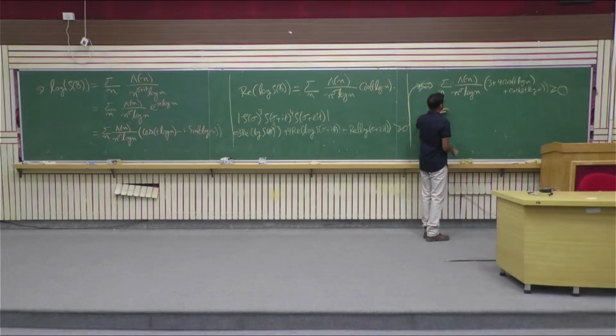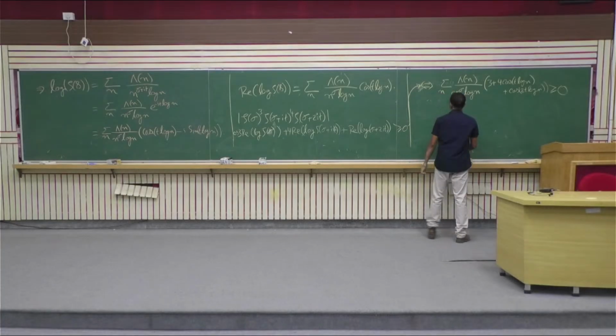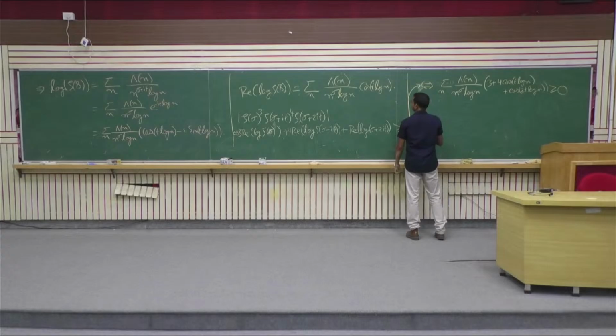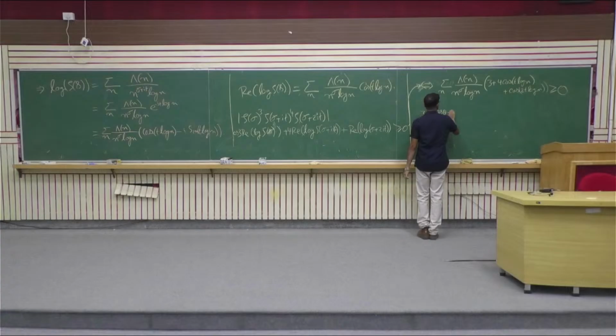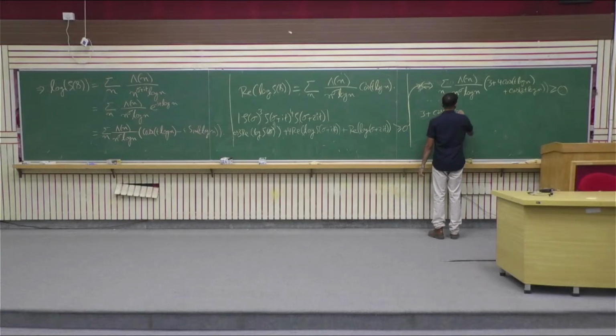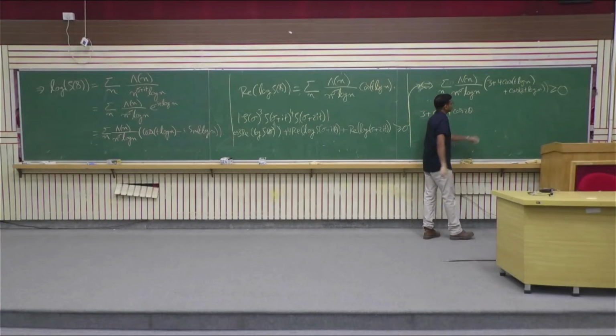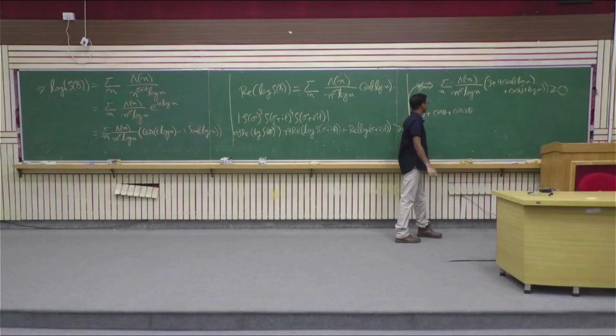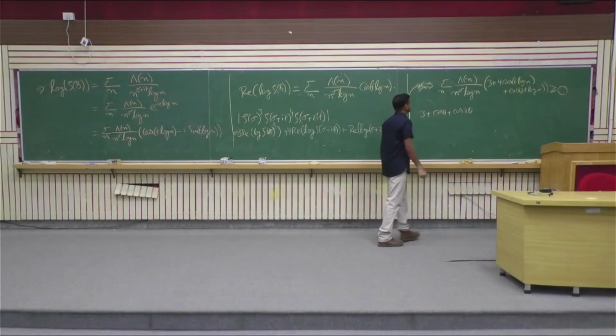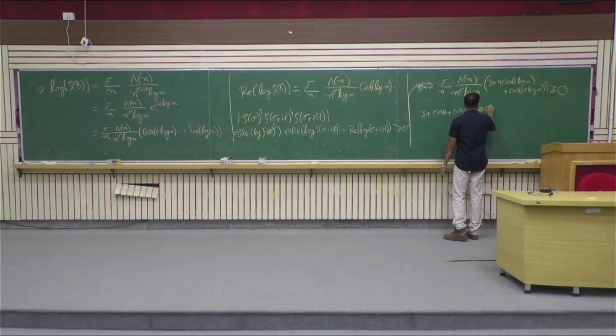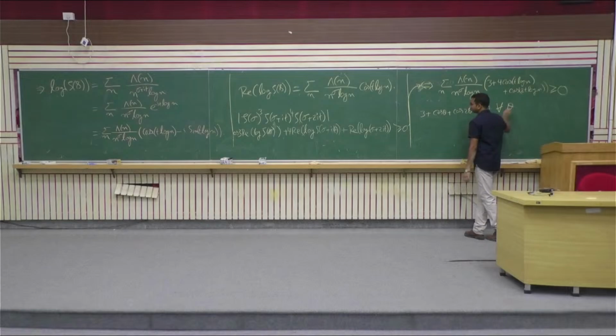Now just consider this one: 3 plus 4 cos theta plus cos 2 theta. It is of this form, and it is always greater than or equal to 0 for all theta. Why?